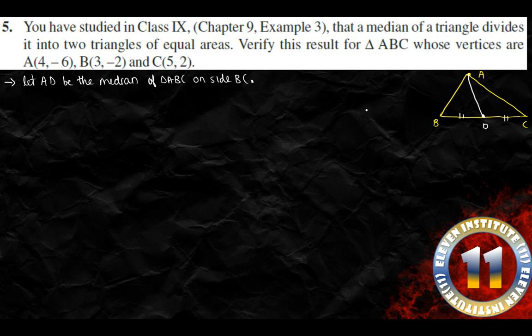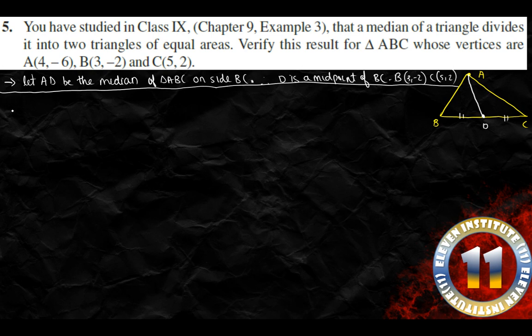But now if AD is median, on the basis of that, therefore we can write D is a midpoint of BC, where the coordinates of B are 3, -2 and coordinates of C are 5, 2. We have written this much, right. So first let us find the coordinates of D, right.